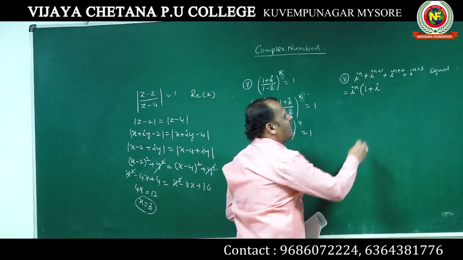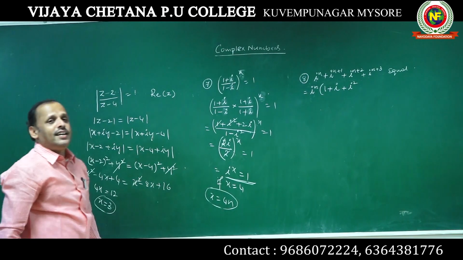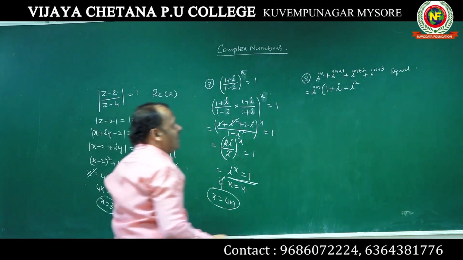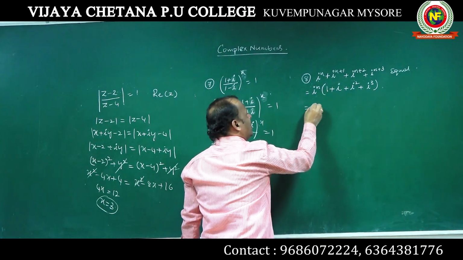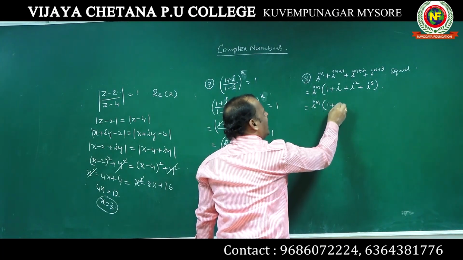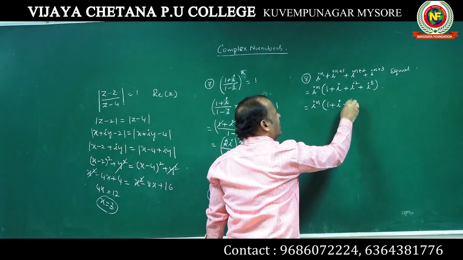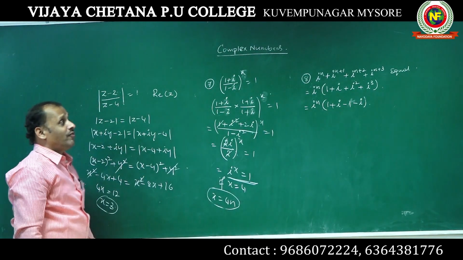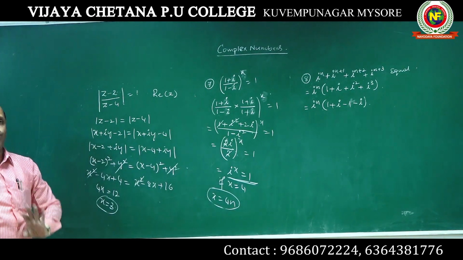If you take i to the power n as common factor, then i. Here i square, that is i to the power n plus 2, that is i to the power n into i square. Here i cube. Now here i to the power n into 1 plus i minus 1 minus i, since we know the i square value, i cube value, i to the power 4 value.